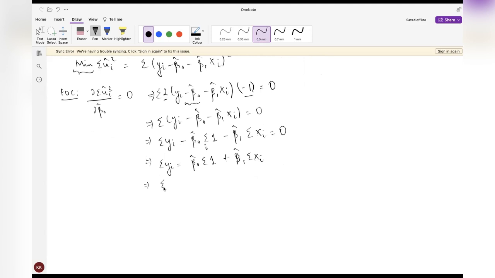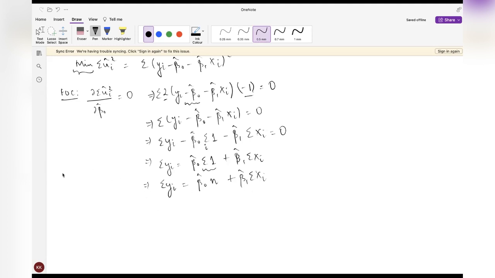If we are assuming that the sample size has n observations, then summation of 1 will give us n, plus beta 1 hat into summation of xi, right?